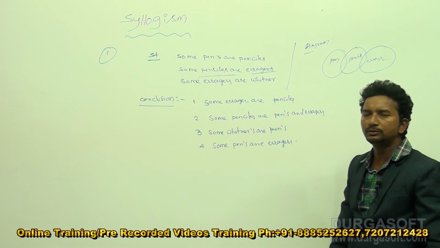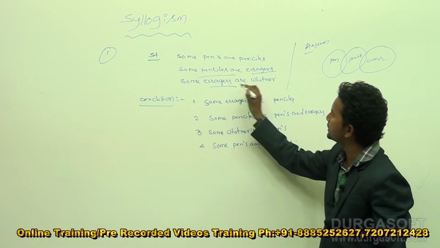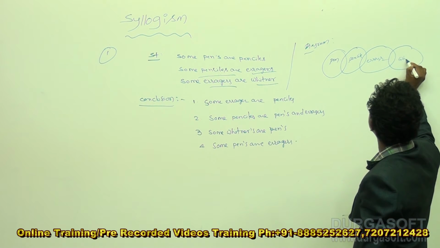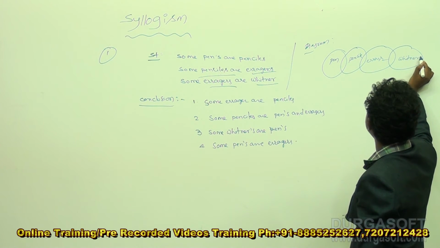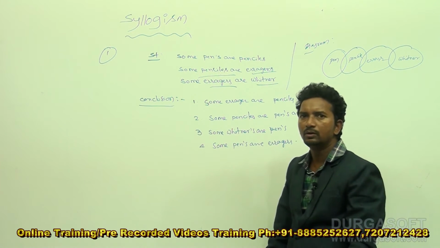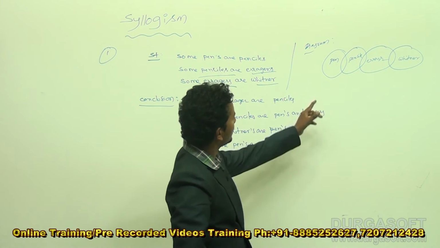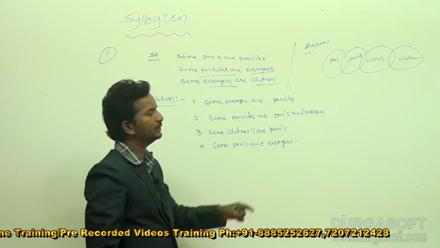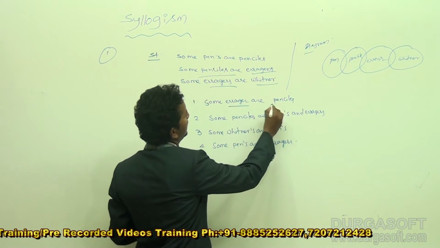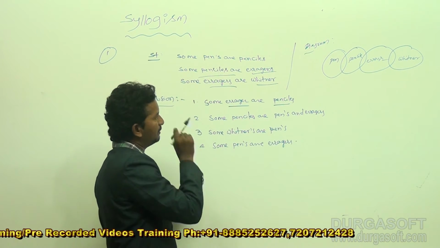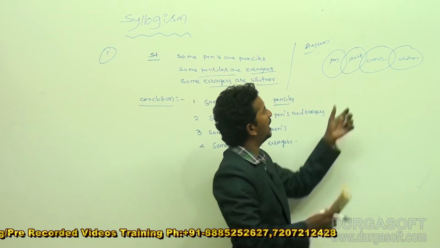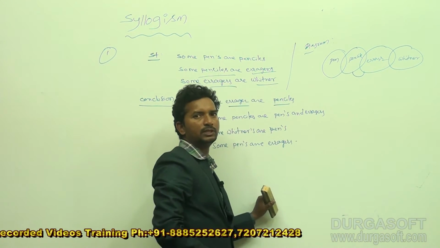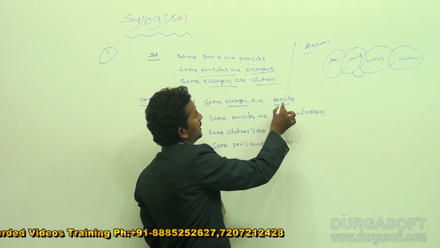Again, some erasers are whitener. Now what conclusions will be true here? Check the diagram. See here, some erasers are pencils. See where is the eraser, where is the pencil. These two diagrams have an intersection portion, so some erasers are pencils.